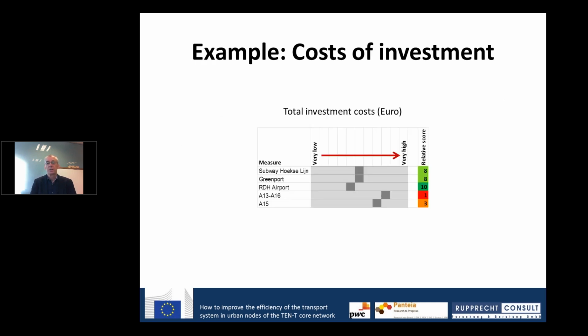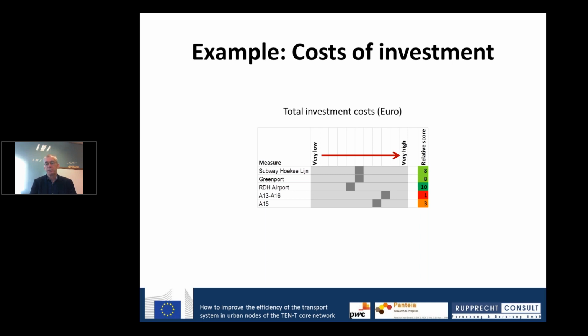Now here's again the example of the Rotterdam case, and as you can see, we scored the total investment costs in a qualitative way. So ranking from very low costs to very high costs. And as can be seen, the A13, A16 scores least because the costs are very high, while the Rotterdam-The Hague airport scores best because the costs are fairly low.